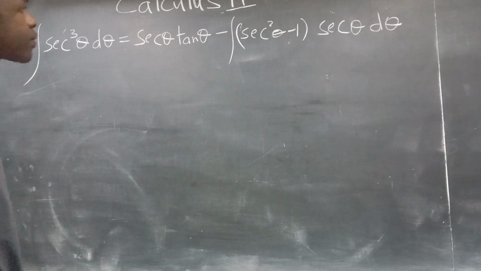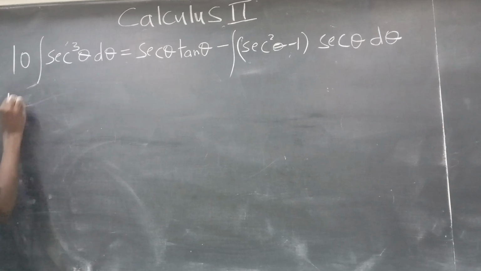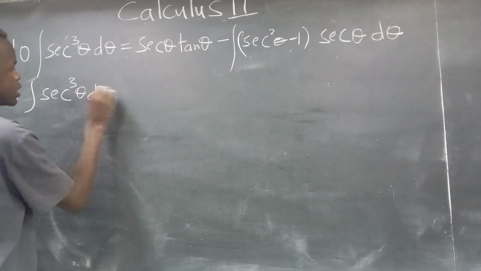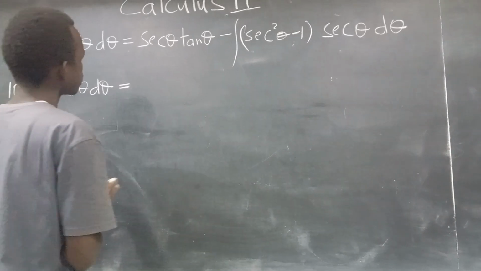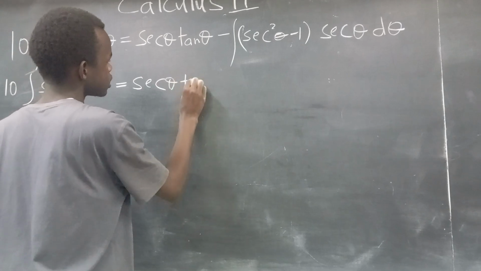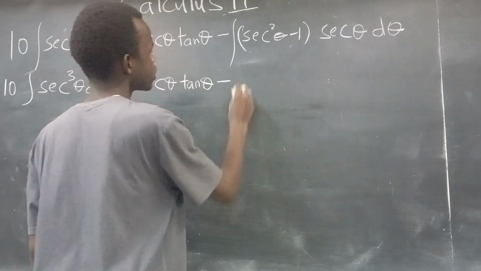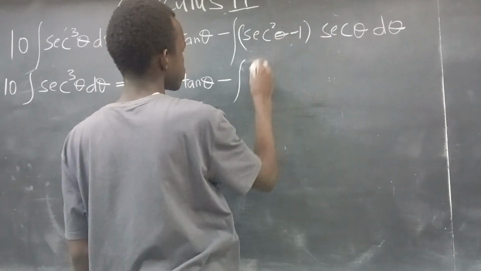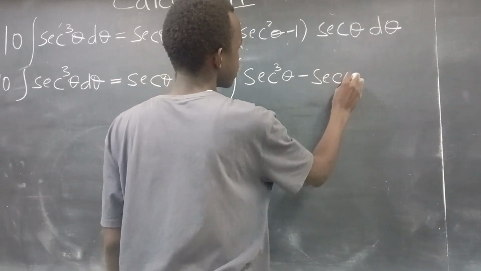So from there, let's open our bracket. As opening our bracket, we'll get 10, the integral of secant cubed of theta d theta, okay, equals secant of theta tangent of theta minus the integral of, open our bracket, will be secant cubed, remember, secant cubed of theta minus secant of theta.